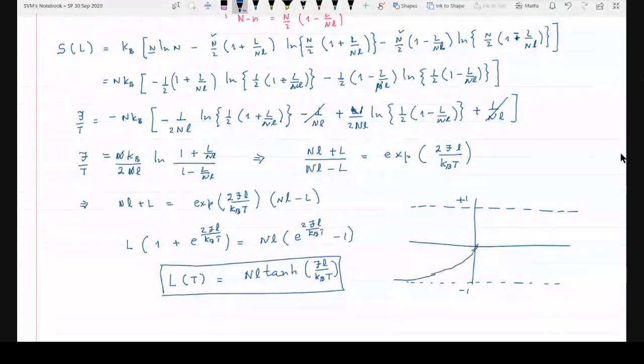It goes to 0 and then it becomes 1. I'm just plotting x versus tan hyperbolic.